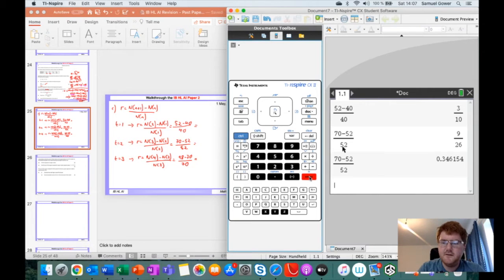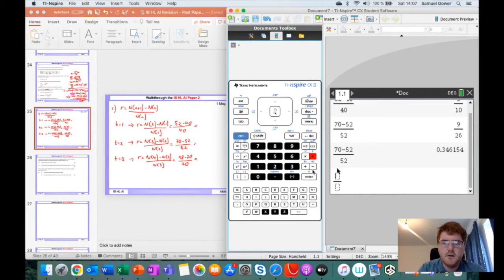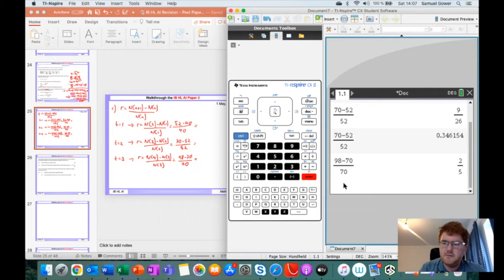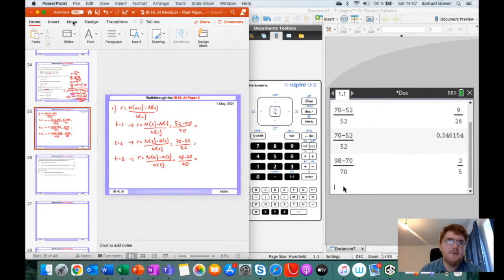One decimal for this, 0.346154, and then the last one, 98. Again, helps with a fraction. 98 minus 70 divided by 70. It's going to give us our approximations. That's 0.4. So I'm going to go back to PowerPoint.